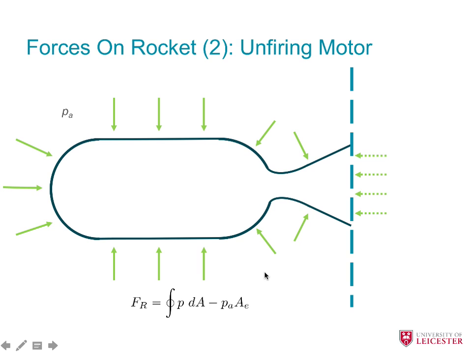And so when we look at our expression for the forces on the rocket, we find that they're modified. So it still includes the surface integral of P dA, but it includes a retarding force, which is the force of the atmospheric pressure multiplied by the area of that exit plane.